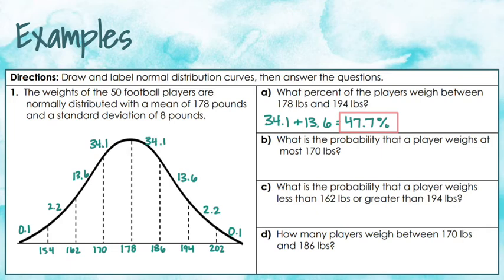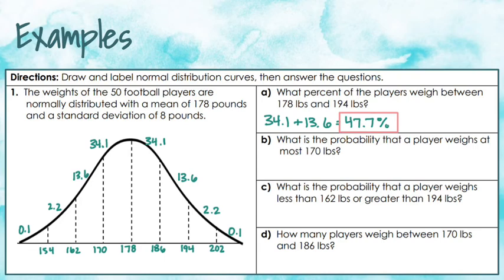Part B says, what is the probability that a player weighs at most 170 pounds? So at most means they must weigh less than that. So here's 170 pounds. We're looking at all the data that is less than that value.